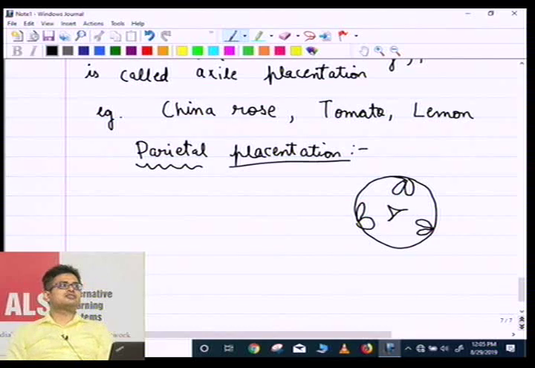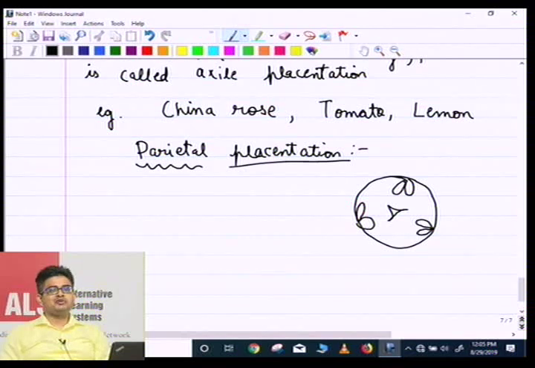Where have you seen this condition? For all the people who like to eat a lot of salad. Can you remember where you find this condition? In cucumber. In cucumber you can find this condition. The ovules are present on the periphery.